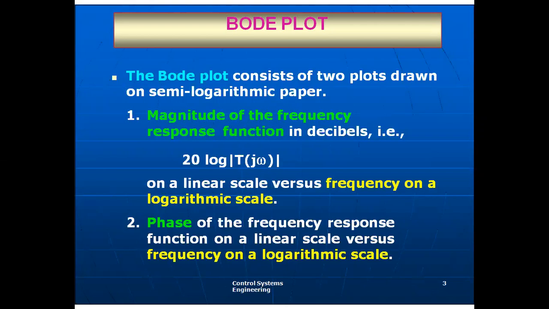That gives the magnitude on a linear scale versus frequency on a logarithmic scale. The second plot is the phase of the frequency response function on a linear scale versus frequency on a logarithmic scale. So these two plots are drawn.